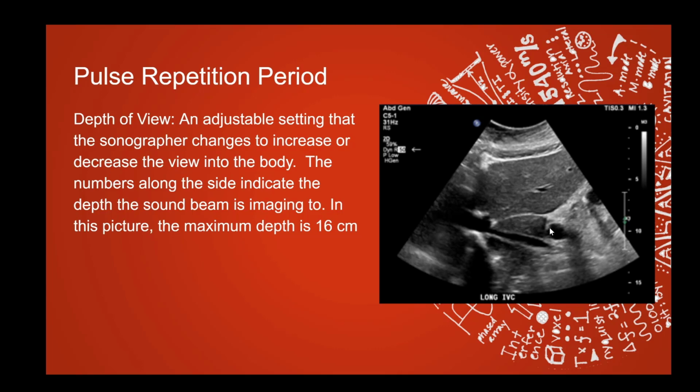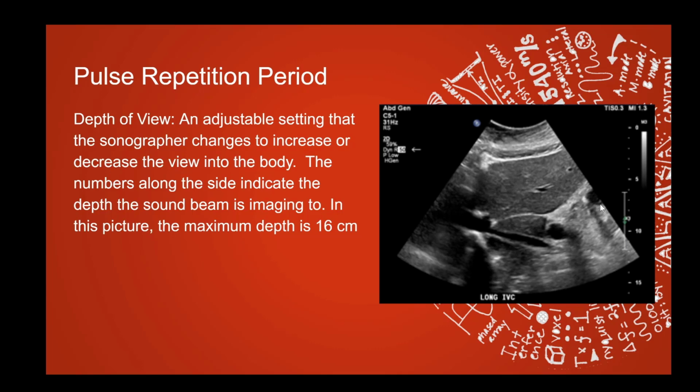Now the scan lines that go across most of our machines, hundreds of them, 200, 300 scan lines going across. So it is creating hundreds of scan lines to make one picture. And then the way we see it, it looks like a movie almost. So it's creating tons of frames per second, so it looks like a movie to us. So it's real life, so it's considered real-time scanning when it looks like a movie.